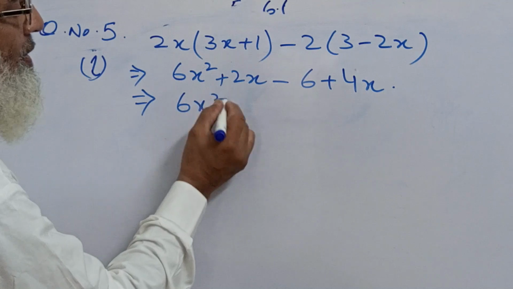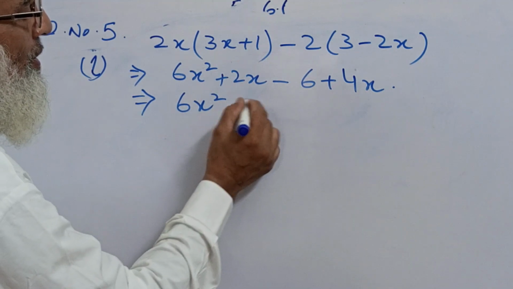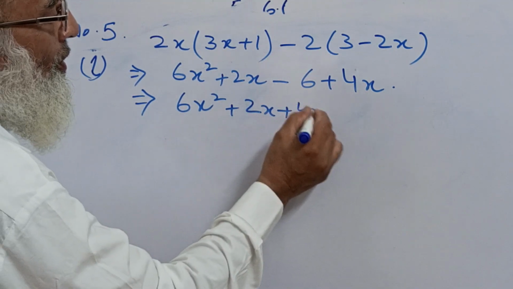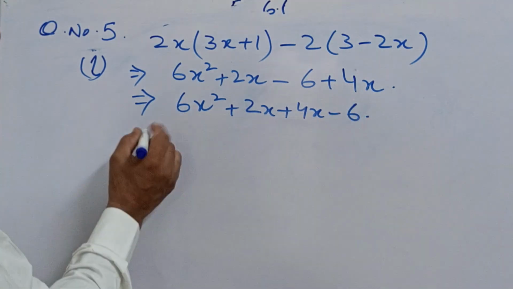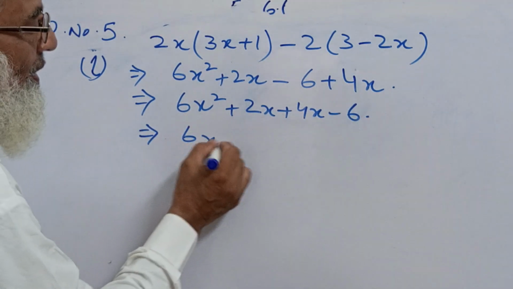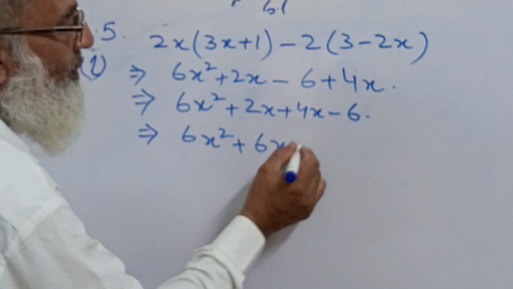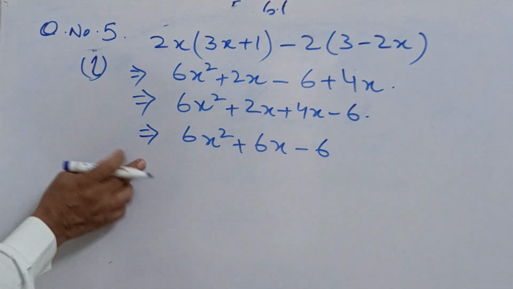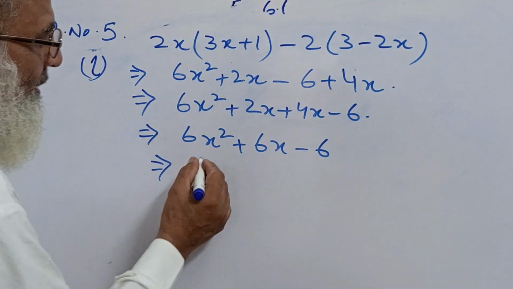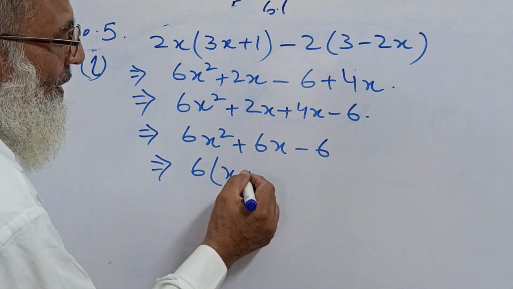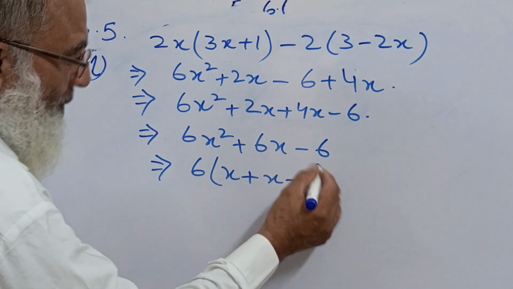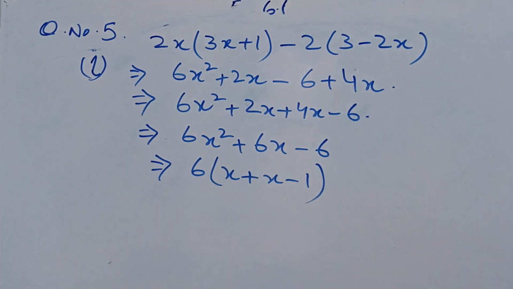Just gather the like quantities, and it will become 6x square plus 6x minus 6. You can take 6 as common: 6(x square plus x minus 1). But the answer in your book must be like this: 6x square plus 6x minus 6.